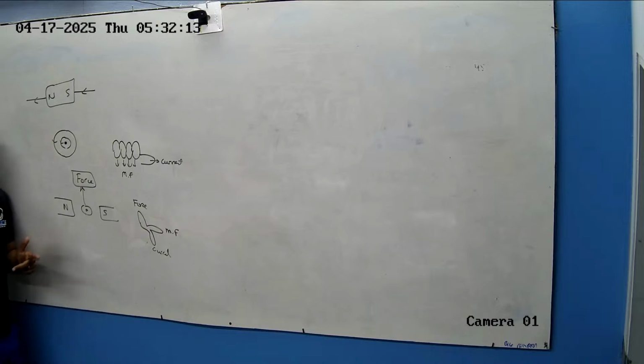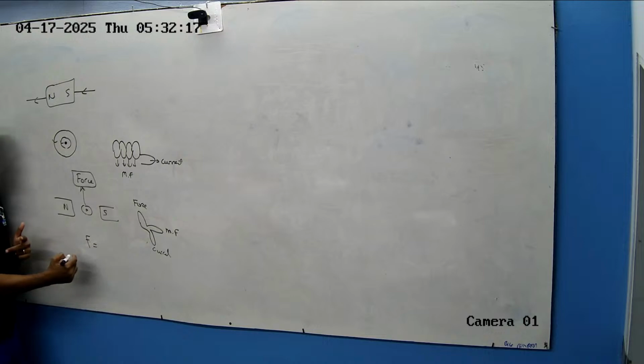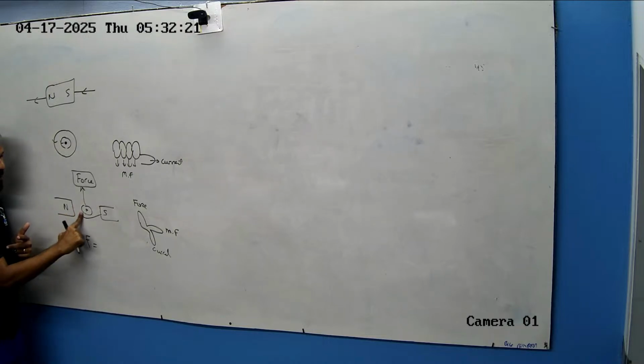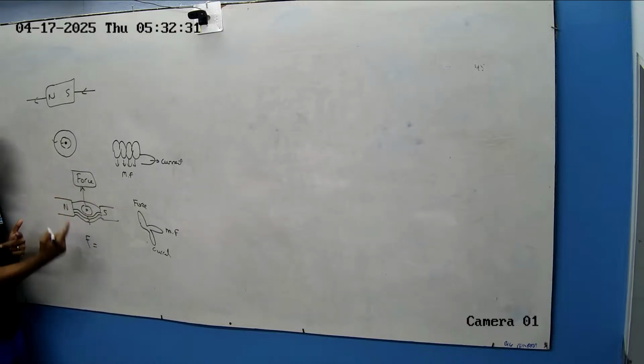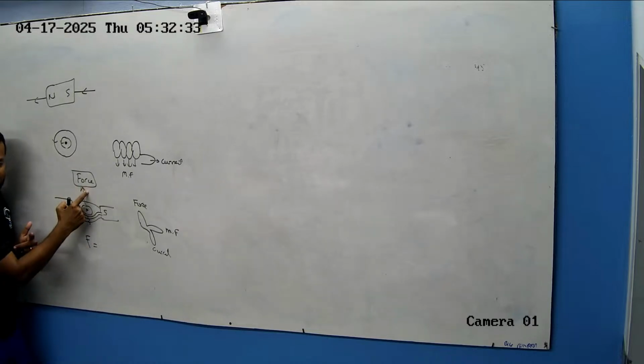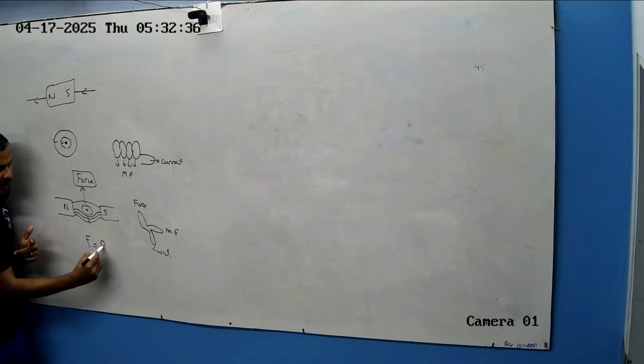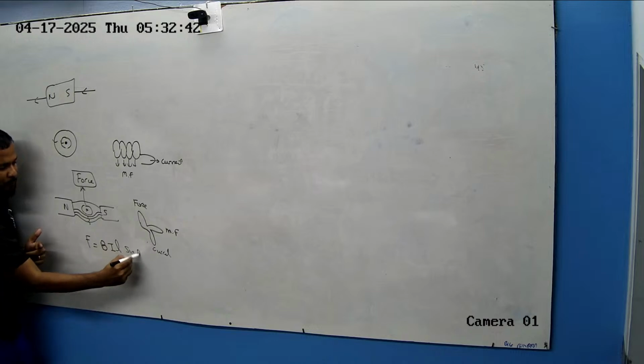That force is dependent on what? That force is dependent on the strength of the magnetic field. Remember how the field lines look? The field lines build up underneath and push it upwards. So this force is dependent on the strength of the magnetic field, the current flowing in here, how long the conductor is, and the angle.